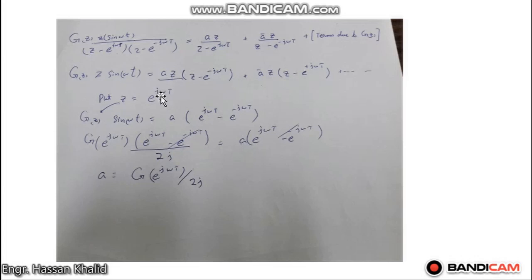Now, using the conventional method to obtain the values of A and A dash, I put one of the roots, z equal to e raised to the power j omega T, and by solving it, I get the first coefficient A, which is equal to G of the system replaced by this identity over 2j.